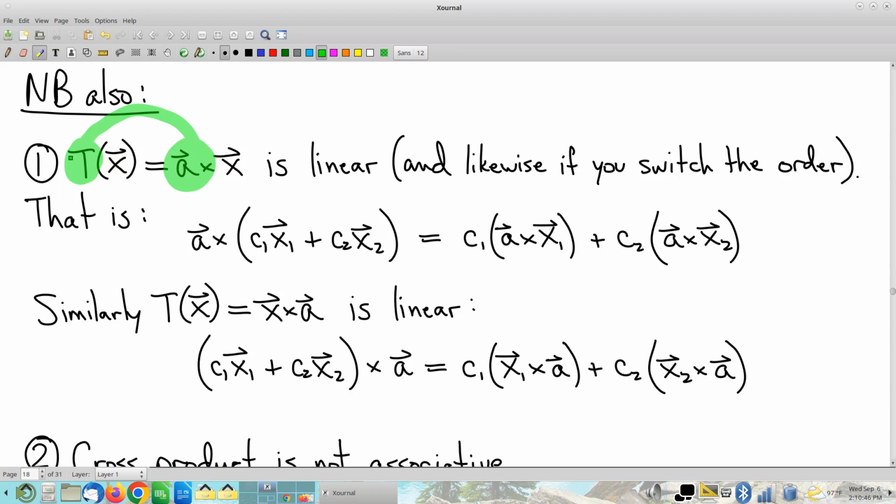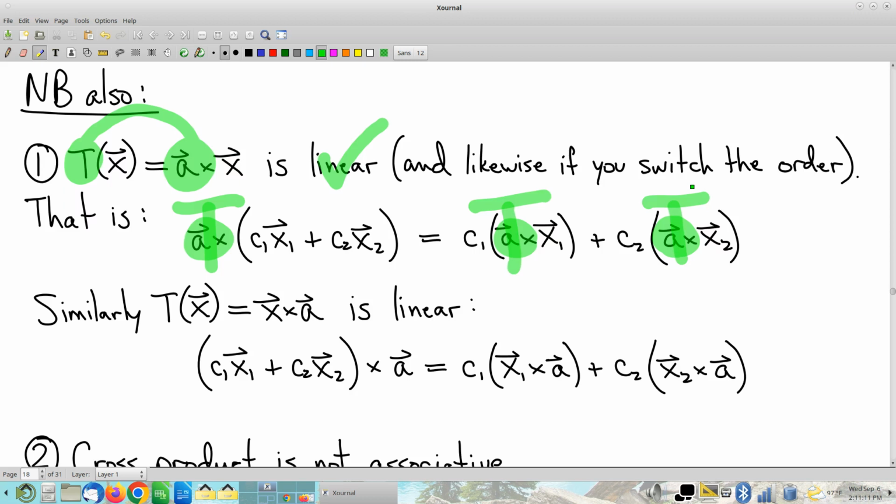So that's a function. And that function is linear. You can see that in action down here. Here's crossing with A. Keep in mind, crossing with A, that's what T is. And notice this equation that I've written down here really is just very literally a statement about linearity.